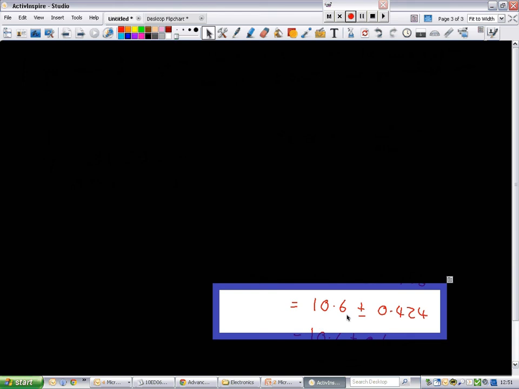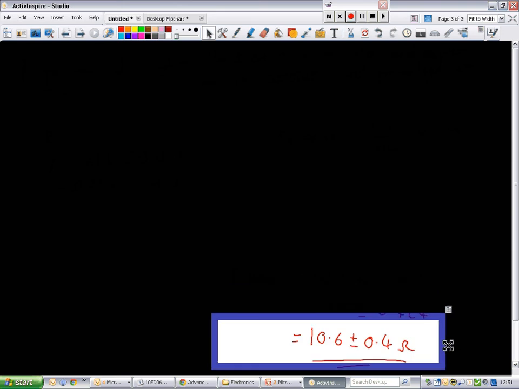But what we always do with uncertainties is try and keep them in the same number of significant figures as our answer here. So it makes more sense to go for 10.6 plus or minus 0.4. So as with our random errors previously, that means that our real value falls somewhere in between 10.2 and 11. So 10.6 plus or minus 0.4.